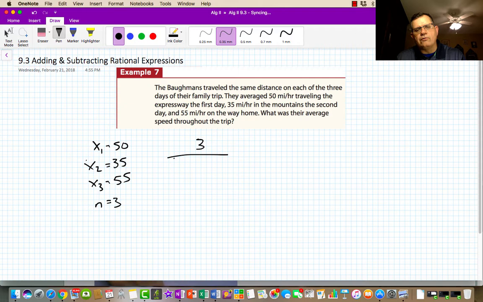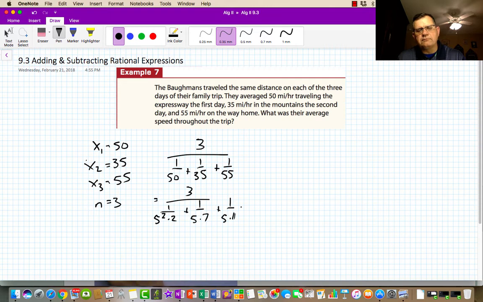So you get 3 over 1 over 50 plus 1 over 35 plus 1 over 55. So let's break those down into their factors. 1 over 5 squared times 2 plus 1 over 5 times 7 plus 1 over 5 times 11.